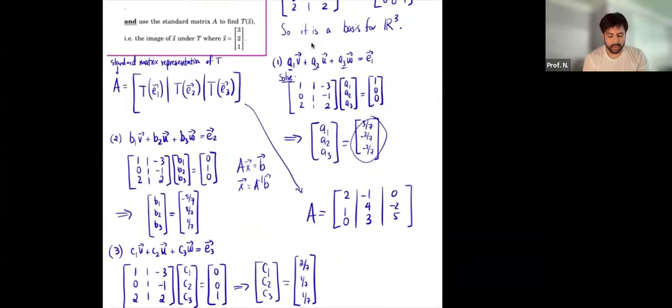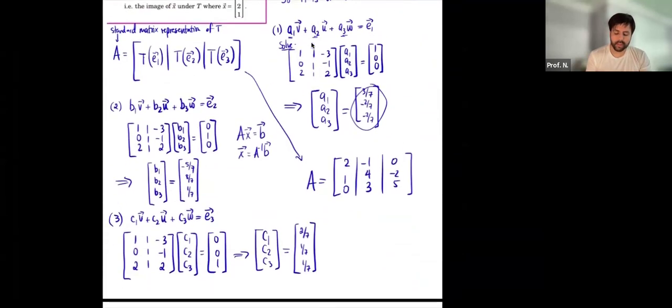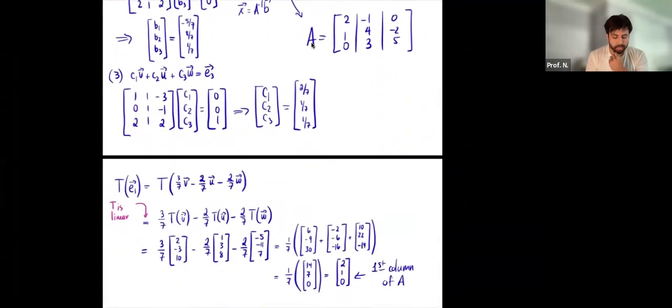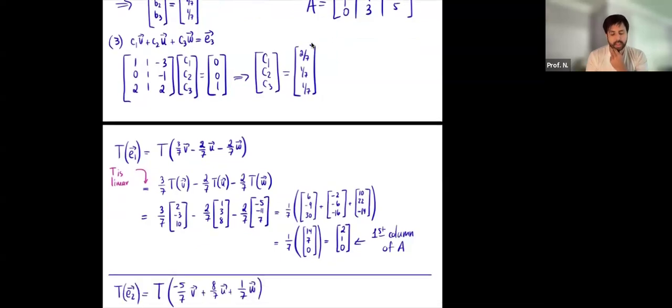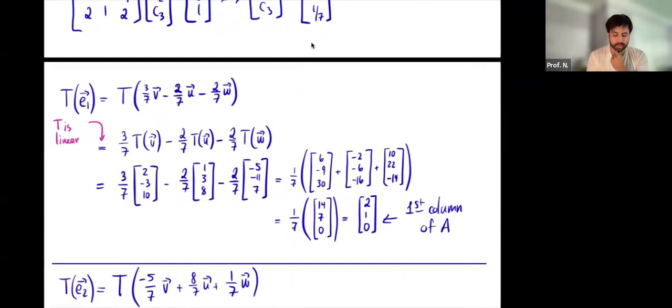It's not going to give you the standard matrix. So you're going to have to do it in this procedure.